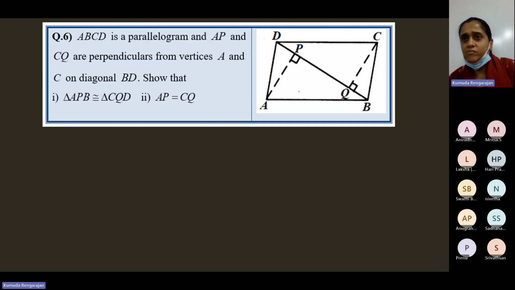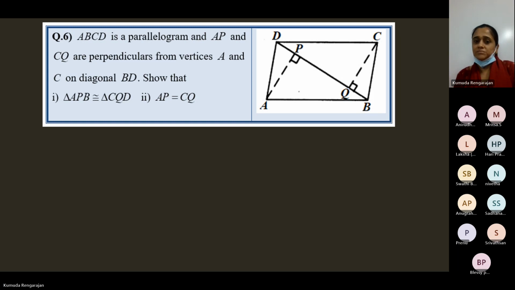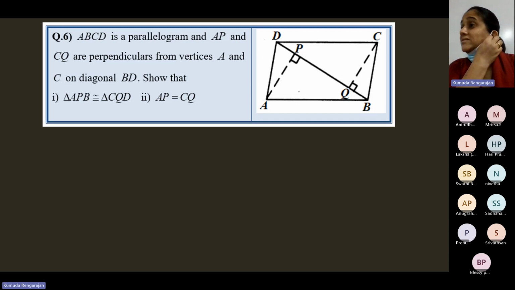Angle P is equal to, correct? Correct. Louder. AP is equal to CQ.